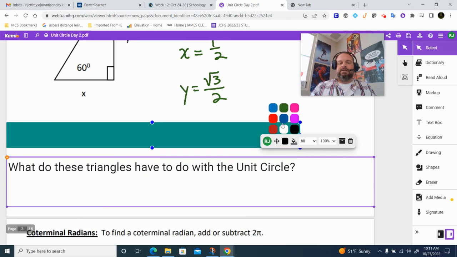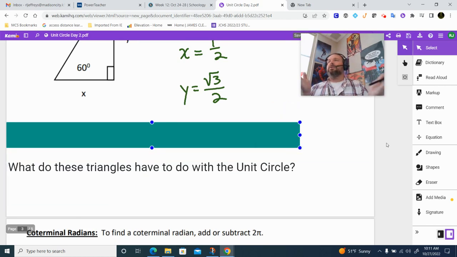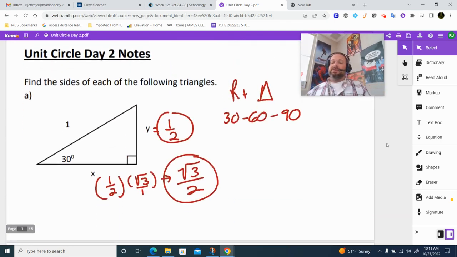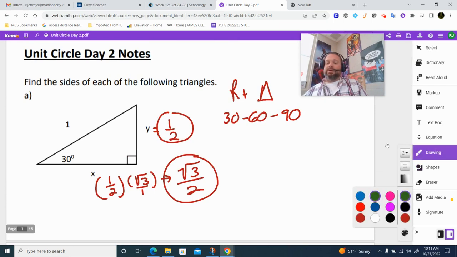So, for our moment, what do these triangles have to do with the unit circle? Yes, they are the little pieces of it. If you go back to A, if you remember from yesterday, I know some of y'all are like, I didn't remember. Well, guess what? You're about to. I'm going to make you.